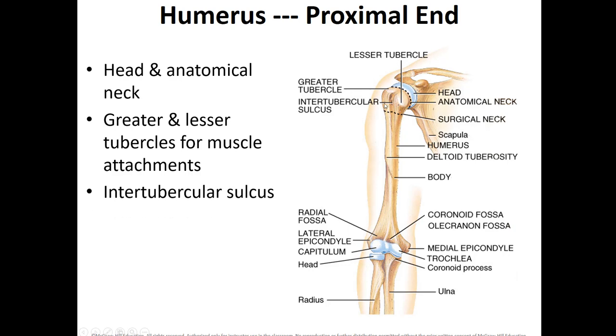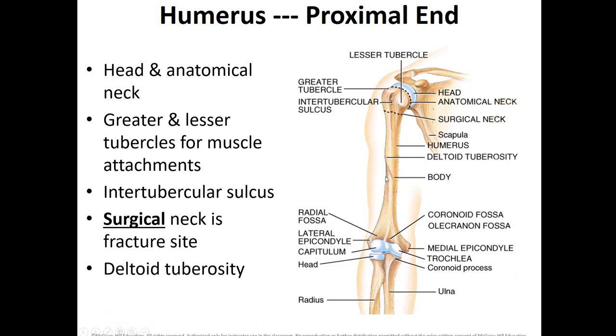In between the tubercles, you have the intertubercular sulcus, and this is where your pectoralis major and your latissimus dorsi insert. The surgical neck is a typical place where you have fractures. And then on the lateral side of the humerus, you have the deltoid tuberosity where the deltoid muscle inserts.